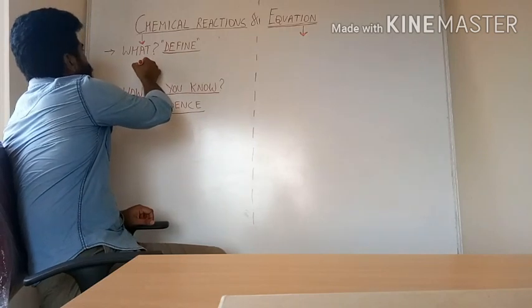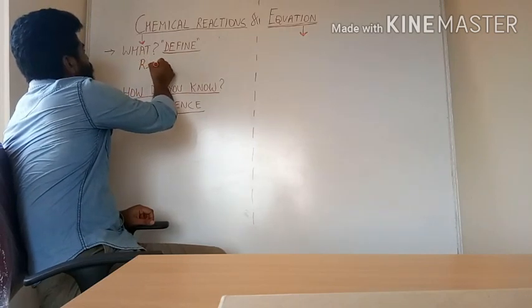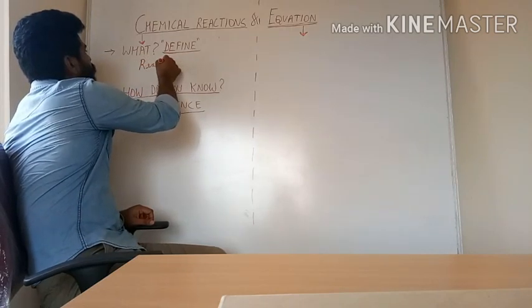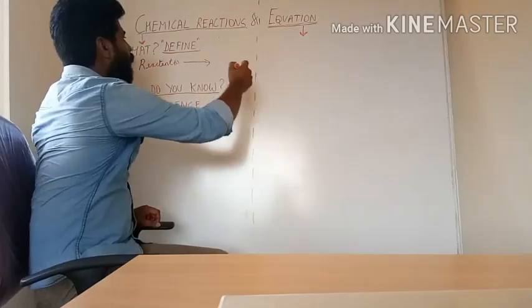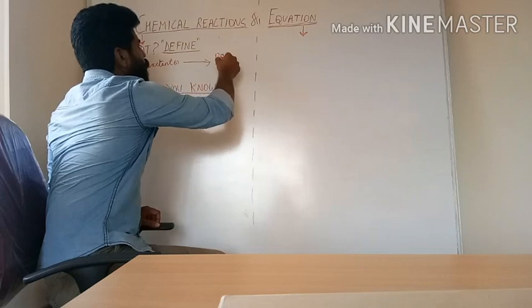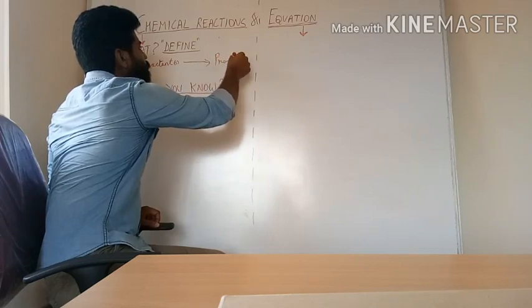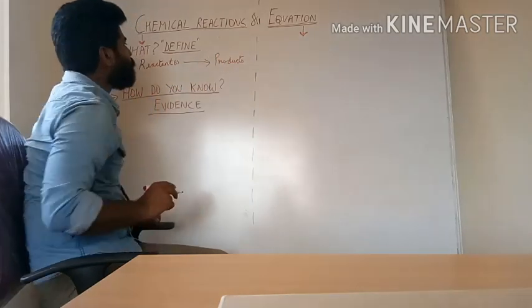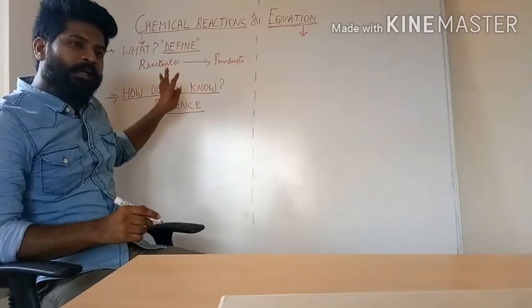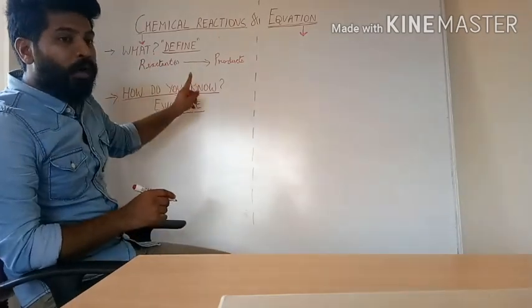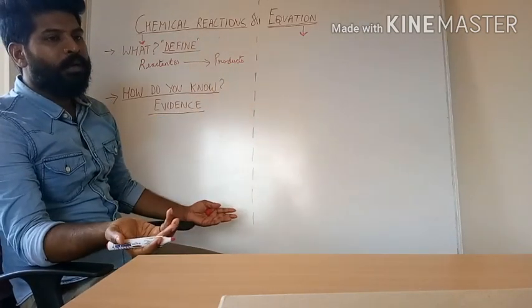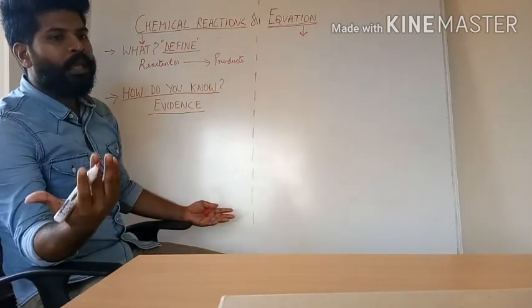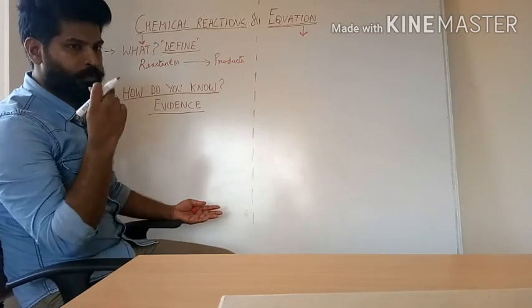So you have a reactant or reactants which at the end are converted into products. The reactant is completely different, the product is completely different. That is a chemical reaction or a chemical change.